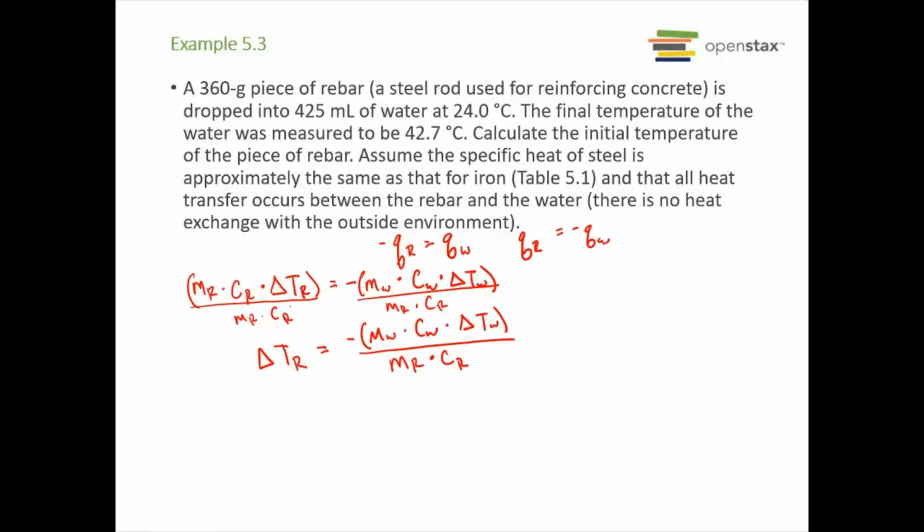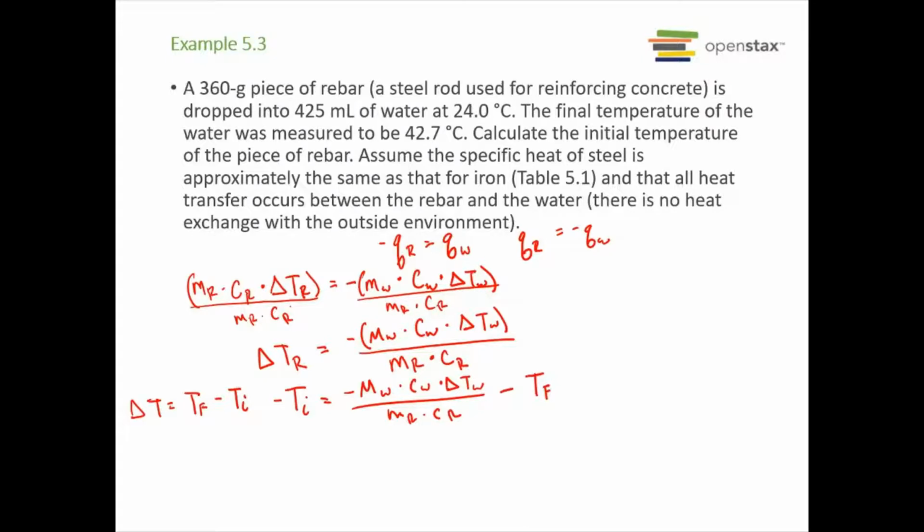Now delta T is equal to our final temperature minus our initial temperature. Okay, so to get T initial by itself, we know that a negative T initial is equal to negative m_W c_W delta T_W over m_R c_R minus T final.